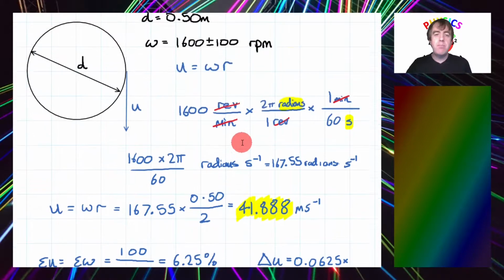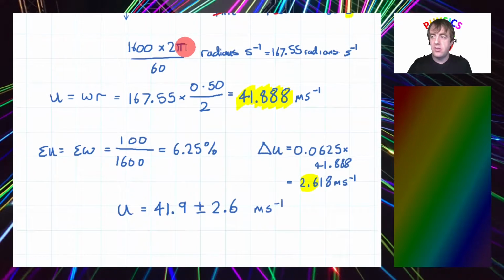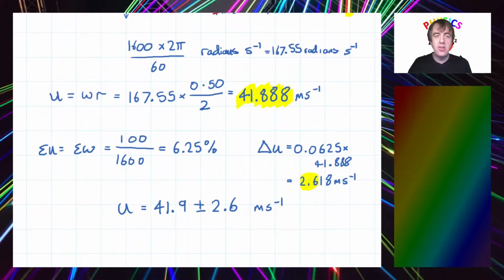Now you may say, but hang on a minute, the diameter was only given to 2 significant figures, so surely we should give our answer to 2 significant figures. Surely you'll be thinking to yourself, you should give your answer as 42 plus or minus 3 meters per second. And I'd love to tell you that that is correct, because it really is correct. There's nothing wrong with that.